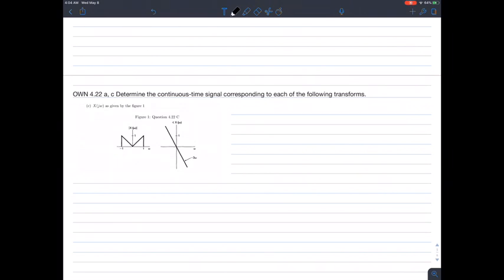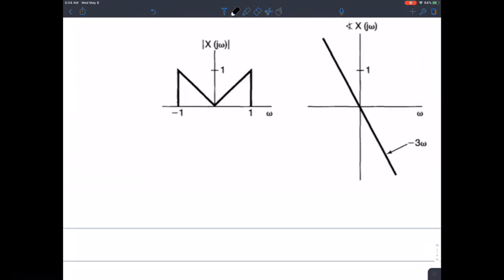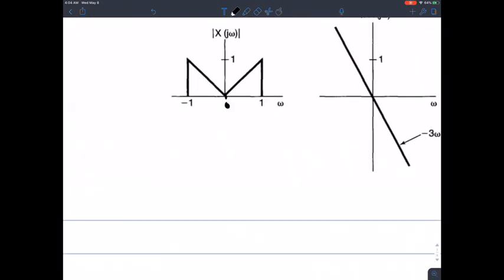Okay, so let's go ahead and write our equation for x of j omega. So first, x of j omega magnitude is going to be, first, so this is going to be 0, this is 1, so the slope of this line is a rise over run, which is going to be negative omega, okay?